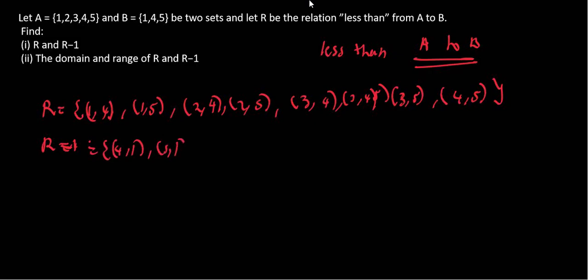The other one is 5 comma 1. The other is 4 comma 2. The other is 5 comma 2. The other is 4 comma 3. Then 5 comma 3, sorry, that was a mistake earlier. Then 5 comma 4.